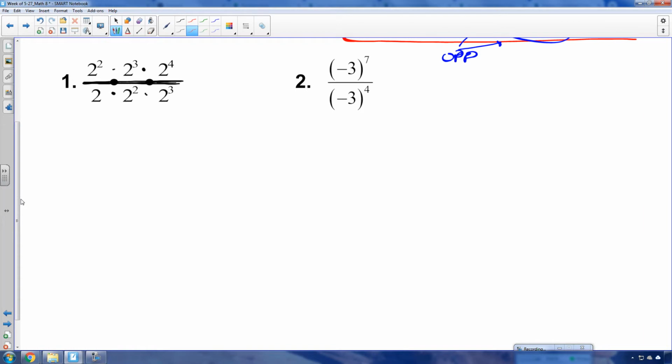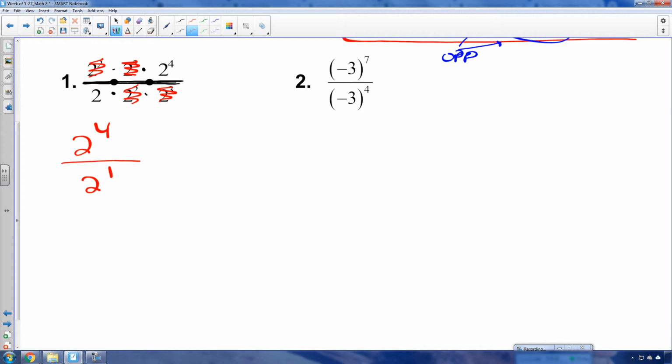We don't have to cancel things, but I think it might be cool to do that. Do you see anything that would cancel? Yes, 2 to the third and 2 to the third would cancel, and 2 to the second would cancel with 2 to the second. So we'd be left with 2 to the fourth divided by 2 to the, well, there's no power there, so what exponent would be there? Yes, 1. To the power of 1, exactly.